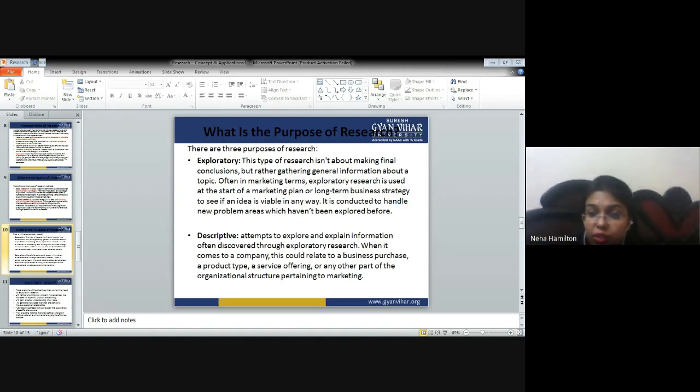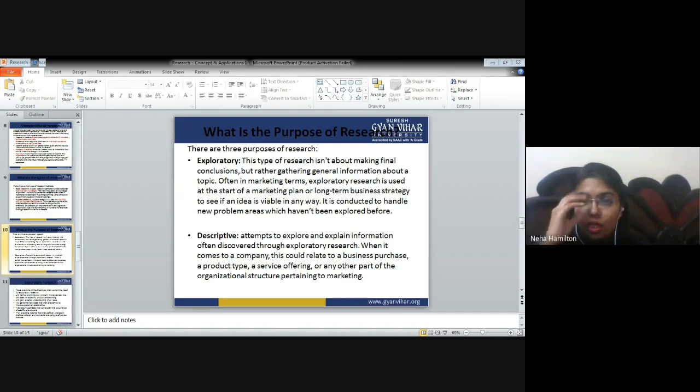So exploratory research, we need to understand, is a type of research in which we are basically doing a research which has not been done before. We are exploring an untouched area of research. We are doing a research on a topic which has never been researched before, whether it is in the field of science or in the field of social science, or it can be anything, right?